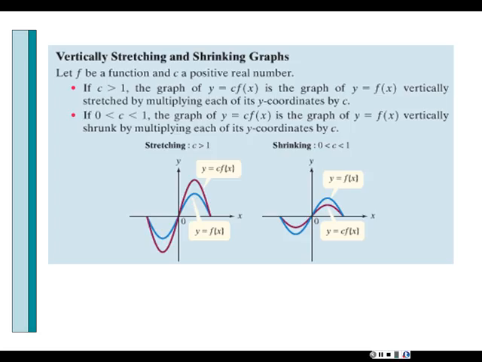Now, if you multiply that function by a constant number, let's say by 3 or by 5, you're just multiplying the whole function. It is being stretched. Look at the red one. That is the same graph, but it's stretched, right? It looks like somebody is stretching the graph. And that c has to be larger than 1.